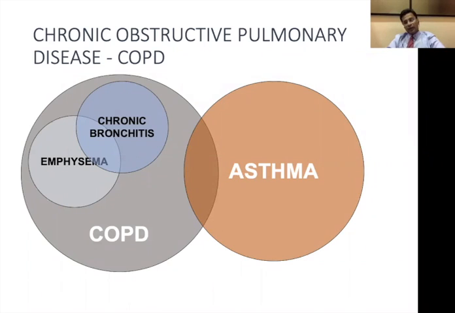And we talked about asthma, and also we mentioned that there may be a small minority or group of patients we cannot really put a clear-cut label of either COPD or asthma, and there is some kind of overlap, and we call it asthma COPD overlap syndrome.